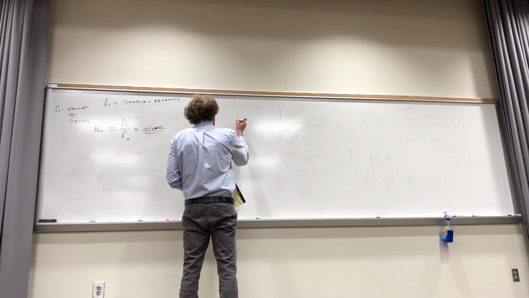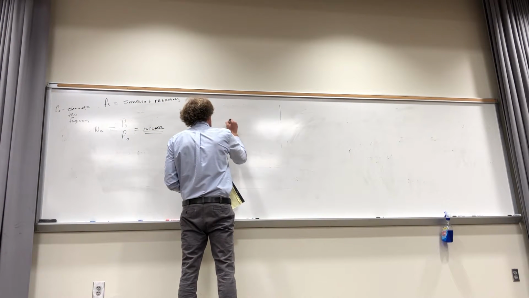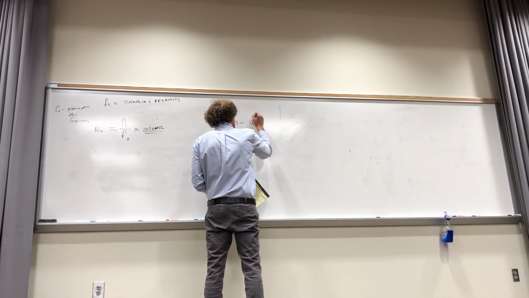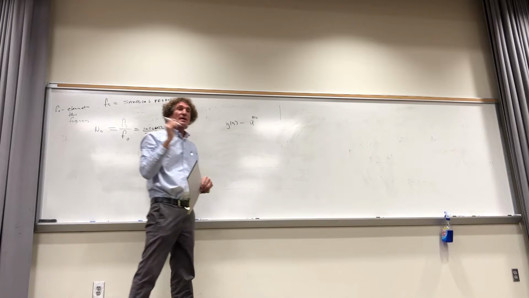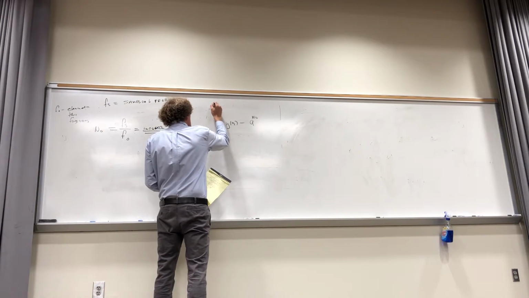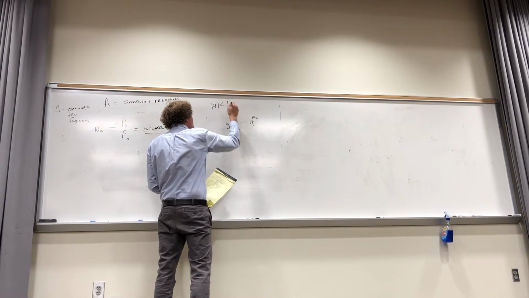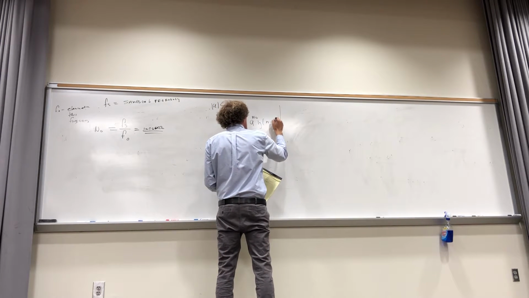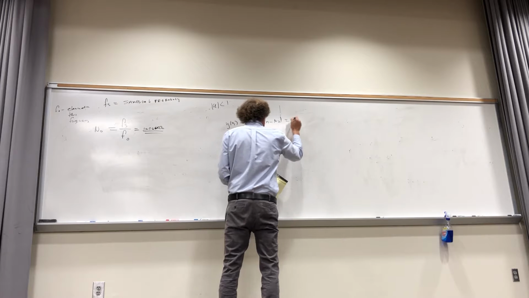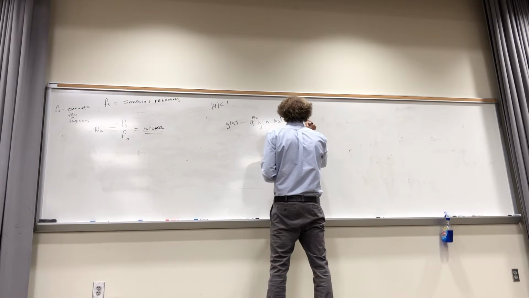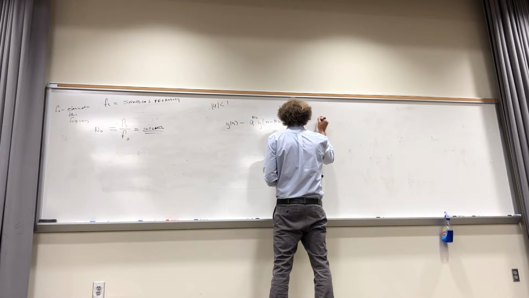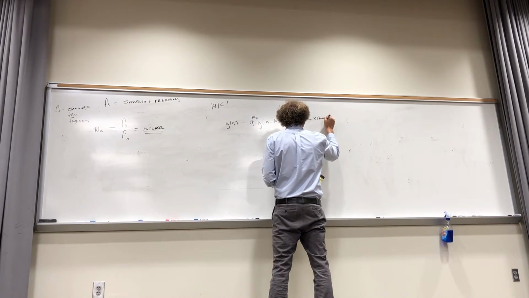You can say that y of n minus a to the n naught. Now remember what n naught is. And here a has got to be magnitude of a is less than 1. And it's going to be times y of n minus n naught is equal to x of n minus x of n minus n naught.